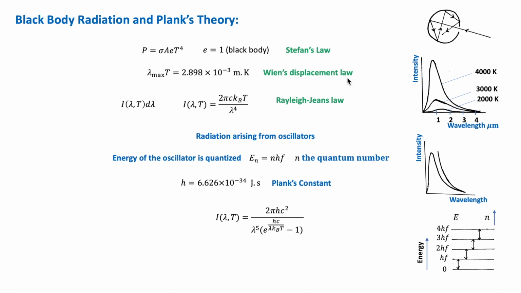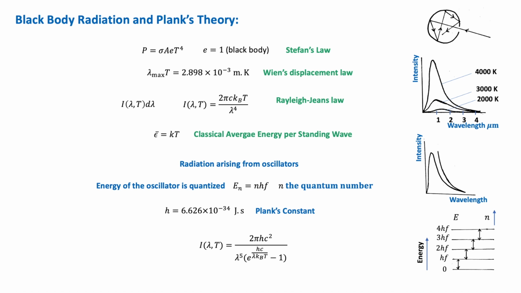And one of the early classical model attempts to describe this distribution of energy from a black body is the Rayleigh-Jeans law. So let's define here I(lambda, T) d lambda to be the intensity, which is the power per unit area that is emitted in the wavelength interval of d lambda, okay?